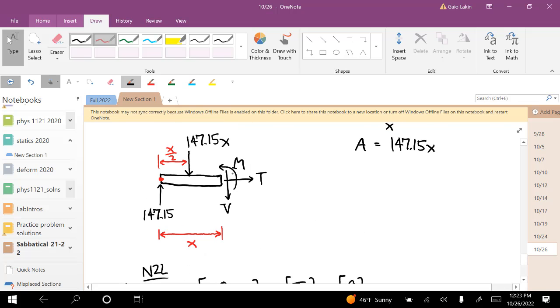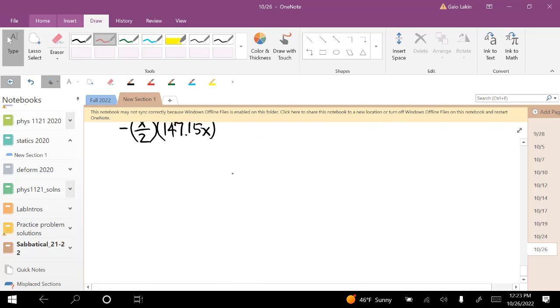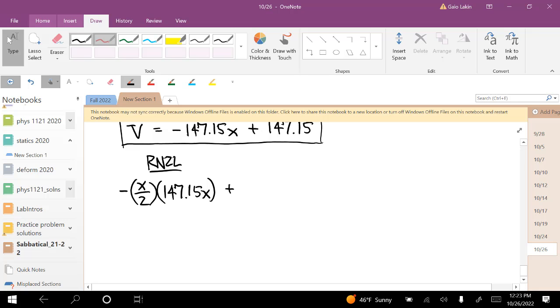And then all we have left are those internal loads. Those always show up the same way, plus m minus vx.